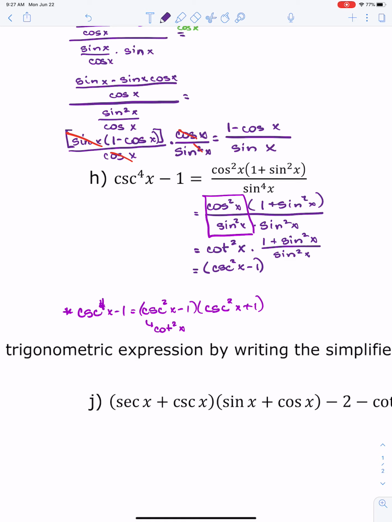And this second one, which doesn't quite look the way that I want it to, I can separate that numerator into my two pieces: 1 over sine squared x plus sine squared x over sine squared x. And now I have cosecant squared x minus 1 times 1 over sine squared x, which is cosecant squared x. Sine squared x over sine squared x is 1. I got cosecant squared x minus 1 times cosecant squared x minus 1 plus 1, and that equals cosecant to the 4th x minus 1.